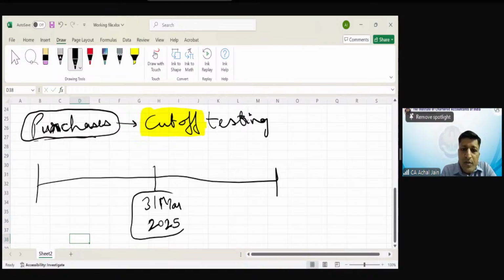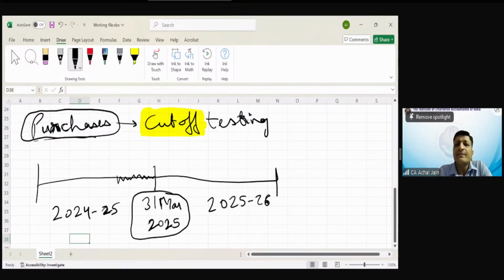In this case, our objective is to ensure that the purchases pertaining to 31st March 2025, or we can say 24-25, have not been pushed to the next year.